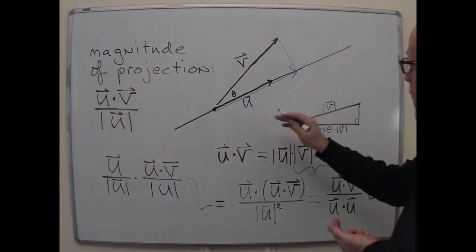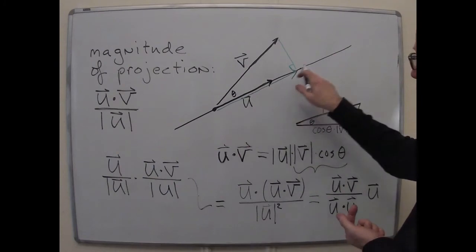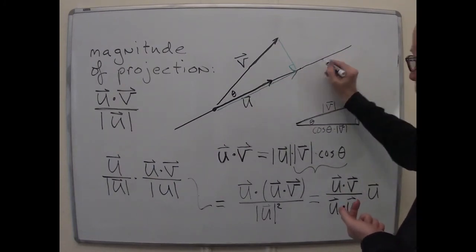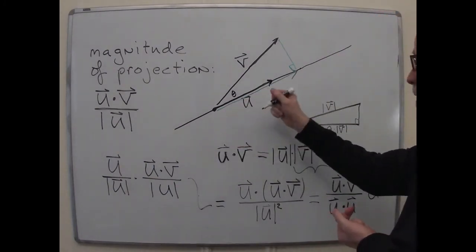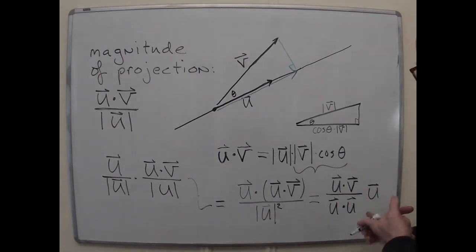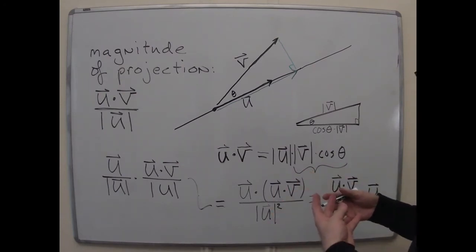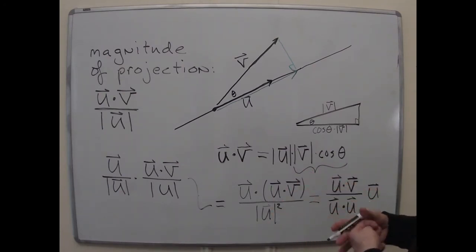Really, no. u is just there to tell me what direction the track goes. u could have been this long or it could have been real tiny. As long as it faces in that direction, it's good. So we're basically dividing out by the length of u in such a way that the thing we're producing does not depend on the length of u.